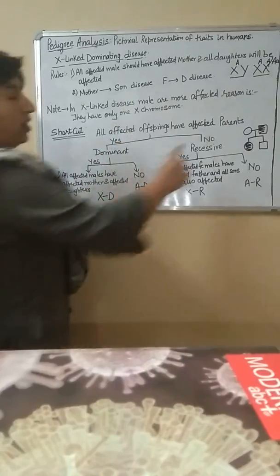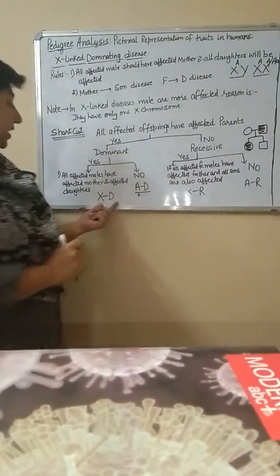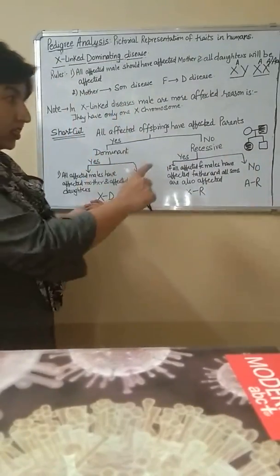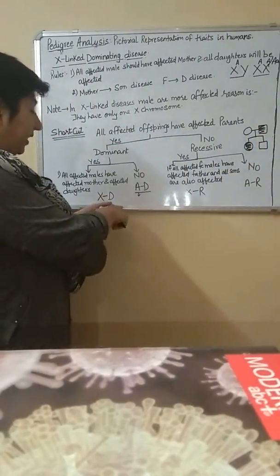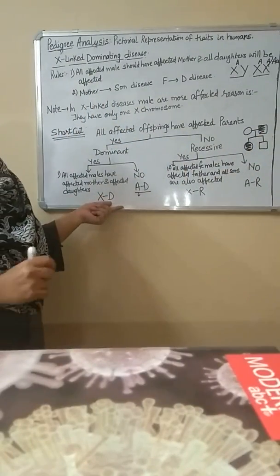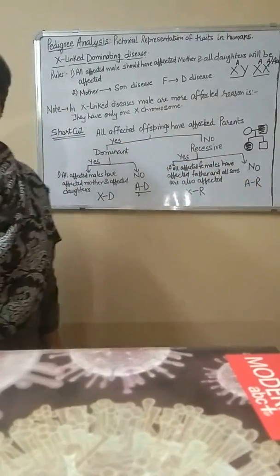If the affected male has an affected daughter, what is this? This is dominant because it is present in both generations, and along with dominant, it is also called X-linked dominant disease, and this will prove itself.